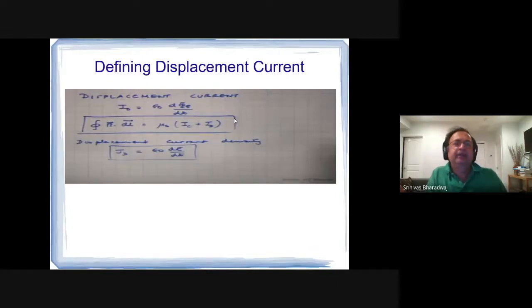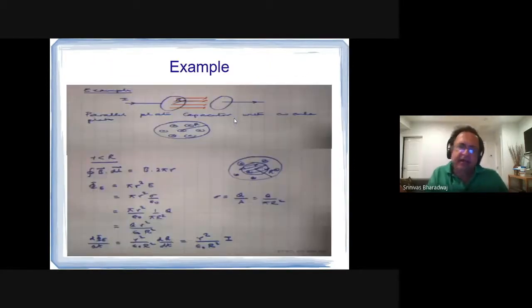All right, so now B dot dl equals mu 0 I has a second term, and that term comes from the parallel plate capacitor.